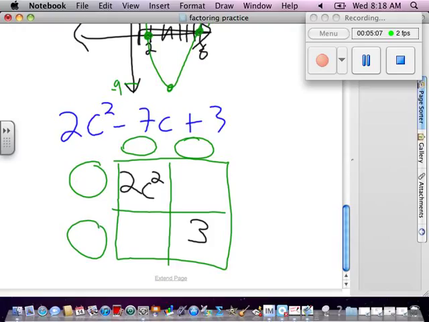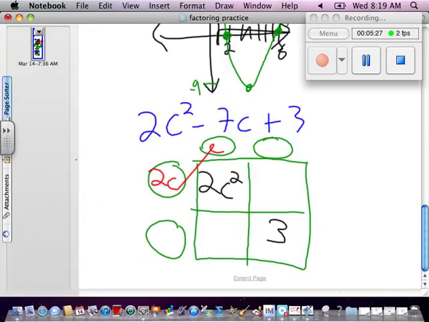Now the hard part is figuring out what multiplies to give me 3, but adds together to give me negative 7. Remember, I'm going to have to multiply one of them by 2. If I make this 2c and this c, do I get 2c squared? Yeah. So let's think about this.